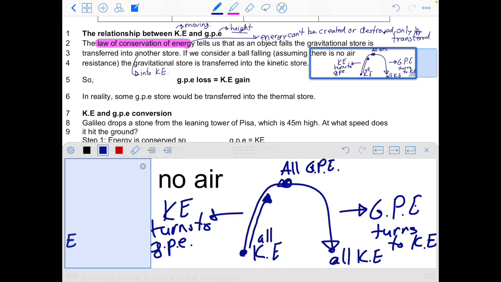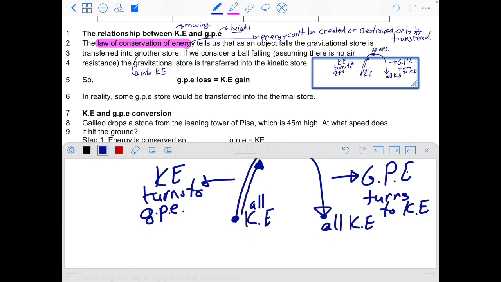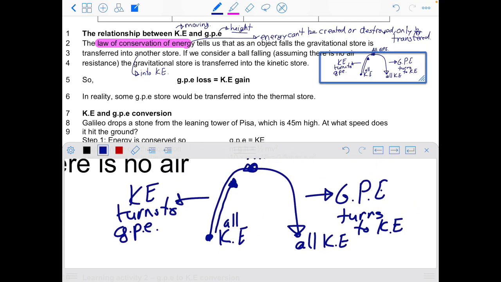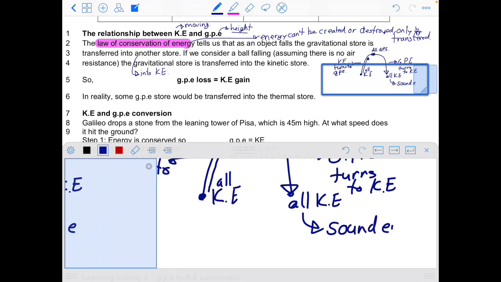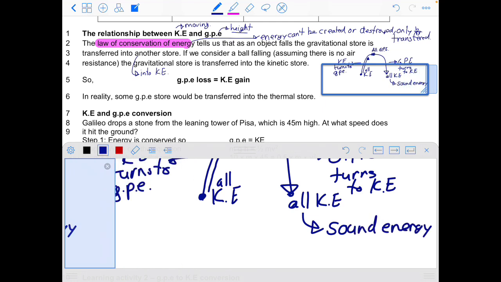Now, when it hits the ground, what does that kinetic energy turn to? In reality, some of it is lost in a little bit of air resistance in heat. Once it hits the ground, it turns very quickly into sound energy, because you can hear it fall and hit the ground.